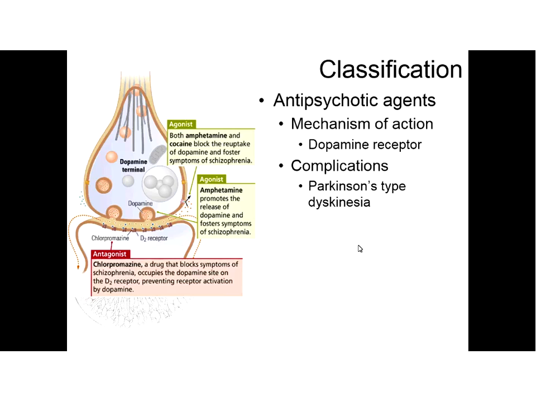Remember, in Parkinson's disease you see problems with neurotransmission. There isn't enough dopamine. So by blocking this, people with schizophrenia will often start to show some of those movement problems, problems initiating movement, tremors, those kinds of components.